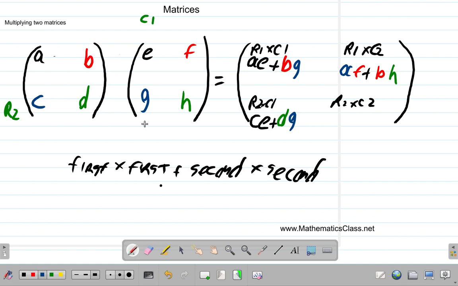Now, notice that we now are going to go over to row 2, column 2, because whatever you put here is in row 2 and column 2 of the answer. Now, this is row 2 and this is column 2. Row by columns.